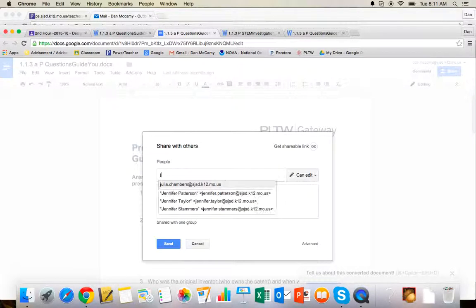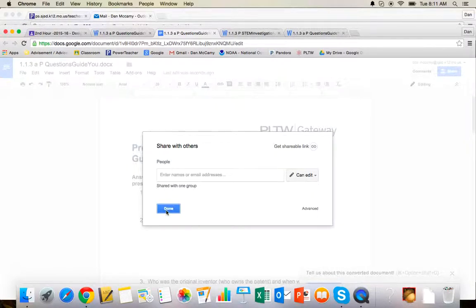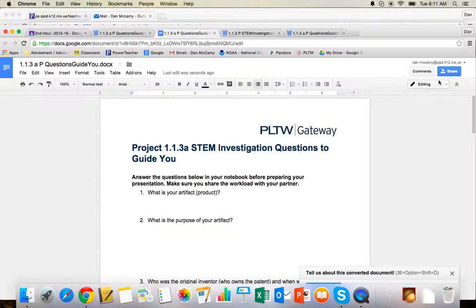So let's say I shared this with Julia Chambers. Well, what I would do is share this with her, and then I would hit send. I'm not going to do that because I might confuse her if she gets something shared by me. But that's how it would work: you share it with that person and then send it to them. And now both of you can see it and work on it simultaneously.